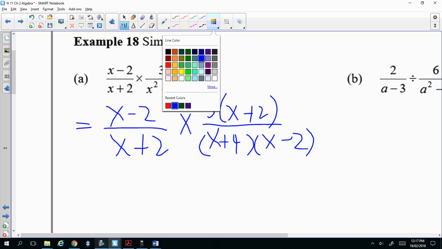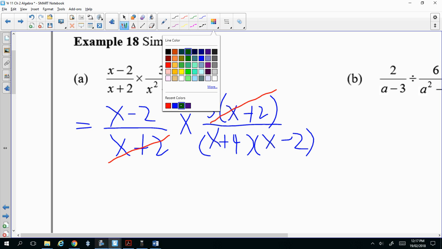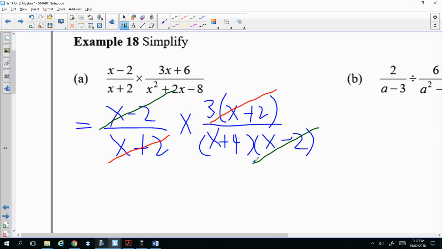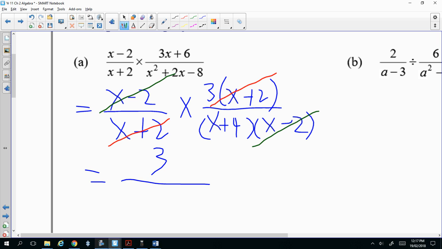And remember, anything on the top can be cancelled with any factors at the bottom. So x plus 2 cancels with this x plus 2, and the x minus 2 also gets cancelled. So what do you have left? You have x plus 4 and a 3 on the top. So 3 over x plus 4 is your answer.